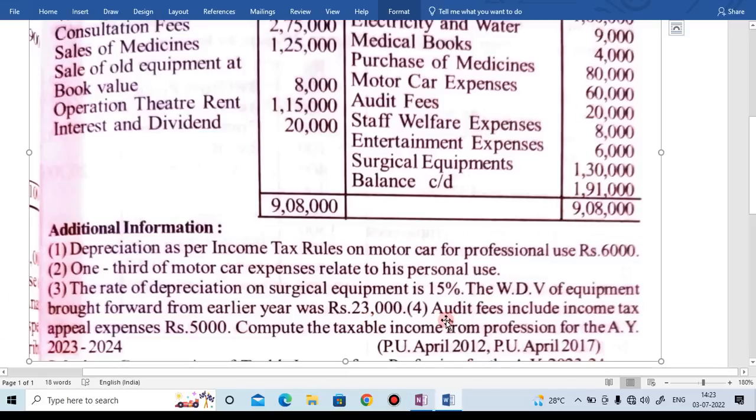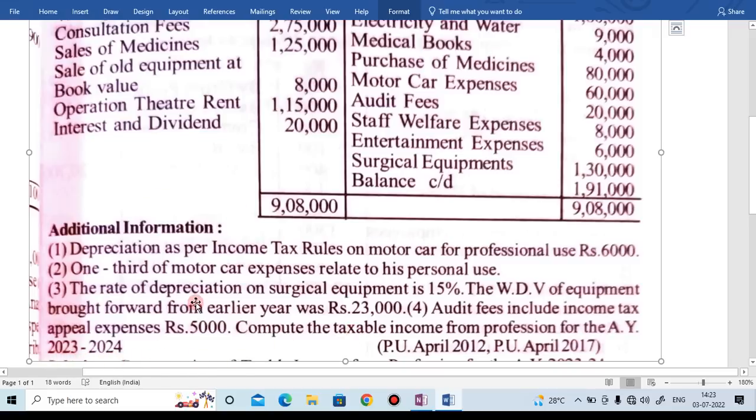Next adjustment is audit fees includes income tax appeal expenses of rupees 5,000. Then you are required to compute the taxable income from profession for the assessment year 2023-24.